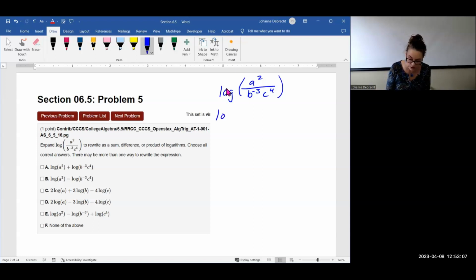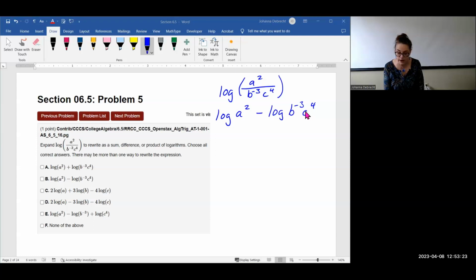So first, we're going to pull apart the division. So we have log base 10 of a squared minus log base 10 of b to the negative 3 c to the 4th. And then again, these two that we see over here in the right term are multiplied together. So that's going to become addition, but I have a negative here, so it's going to distribute across my addition.